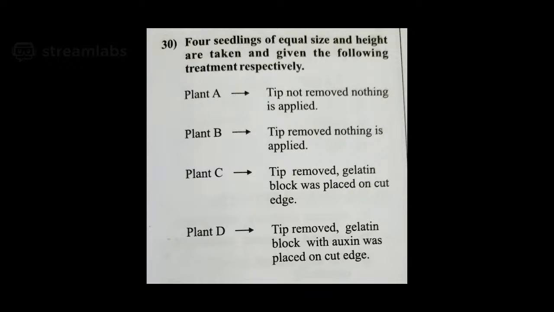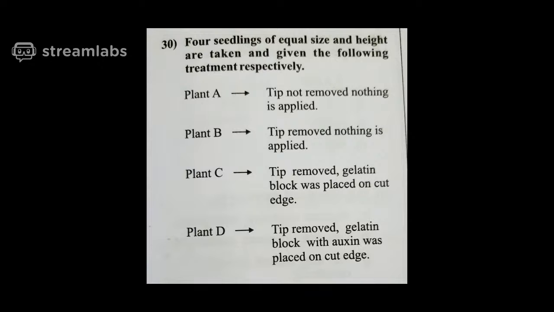Next, plant B. Tip has been removed and there is no application of any sort of thing for the tip. But tip has been removed. Plant C. Tip removed. Gelatin block was applied on the cut edge. Plant D. Tip removed.